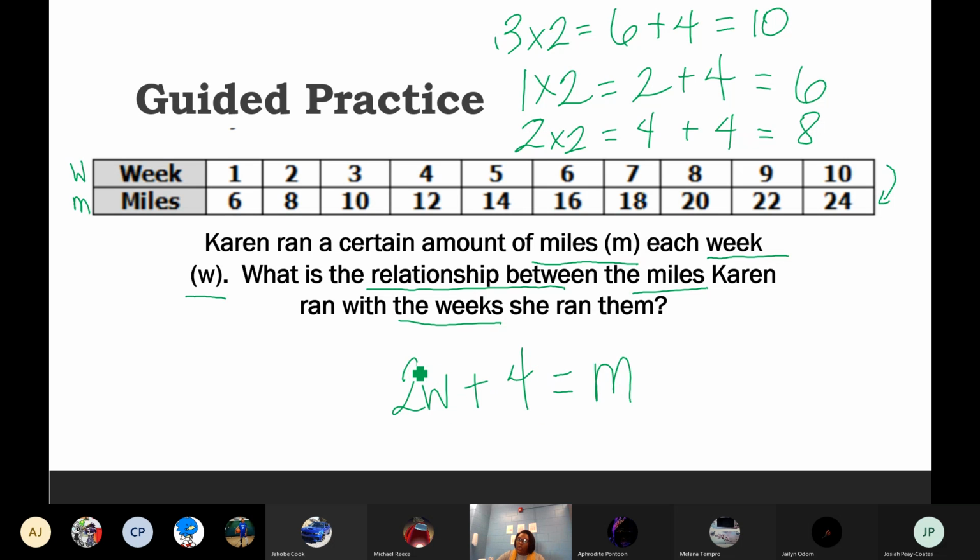Now remind me, when I put a number, a coefficient, beside a variable, what operation am I using? Multiplication. So 2 times the week plus 4 will equal the miles she ran. That's a pretty tough one.